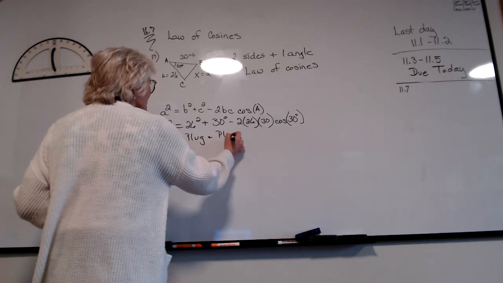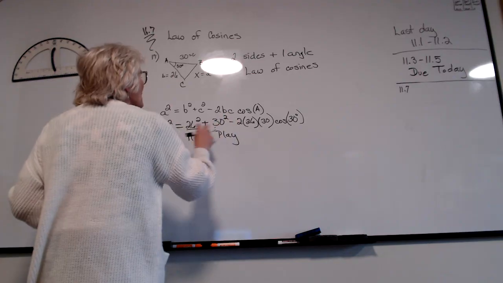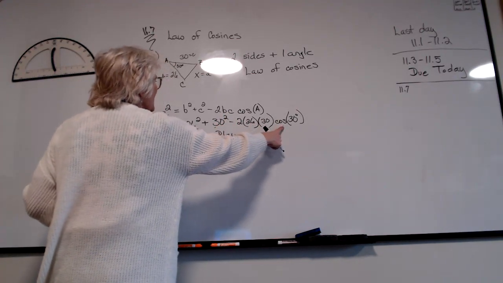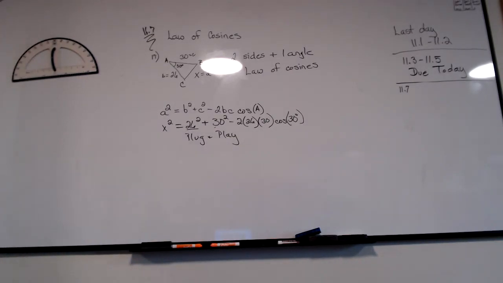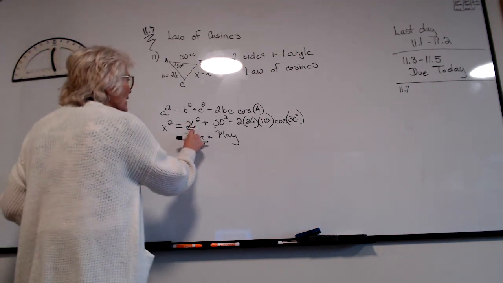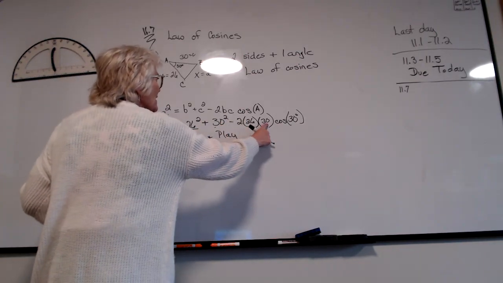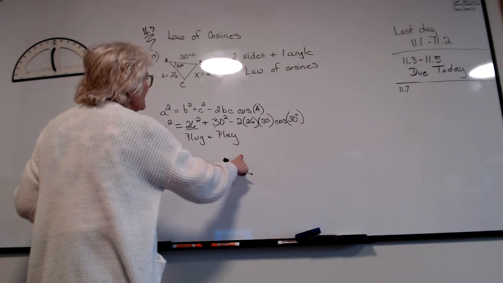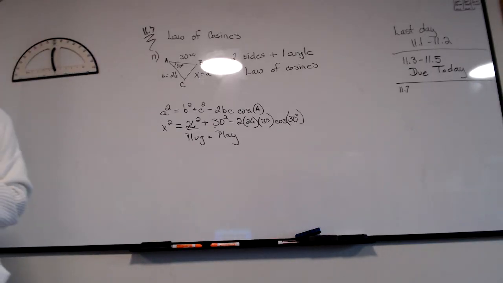We do the squareds first, we do the multiplication, then we add, and then finally we subtract. Remember order of operations, okay? So it's going to be squared, get that answer, write it down, squared, get that answer, write it down. Multiply these times the cosine of 30, get that answer, write it down, then add the answers and subtract that other number. Then what do you have to do?